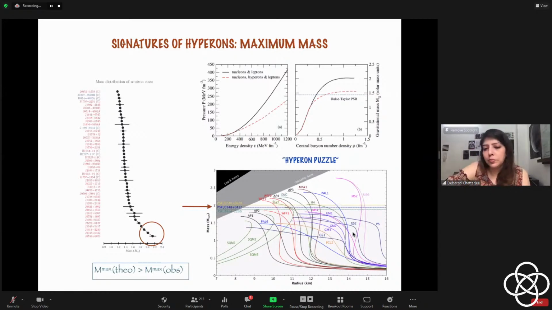If you see a lower curve, this magenta curve, for example MS1, the maximum mass of this sequence is lower than 2 solar mass. Then how do you expect to explain it when you see a 2 solar mass star? You can't, right? Your model should at least be able to explain the observed mass. If your model does not even have this mass as its maximum, that means it is ruled out. I hope that is clear.